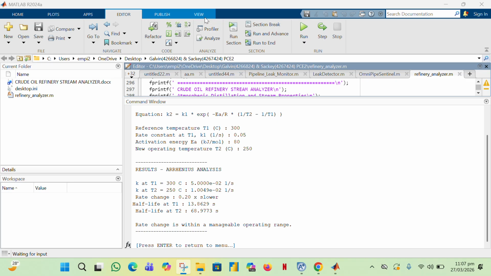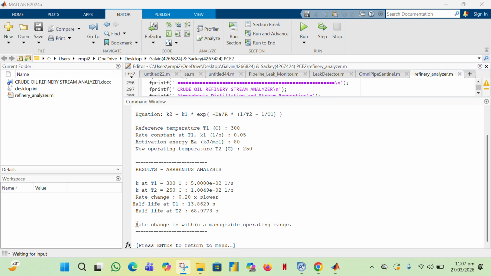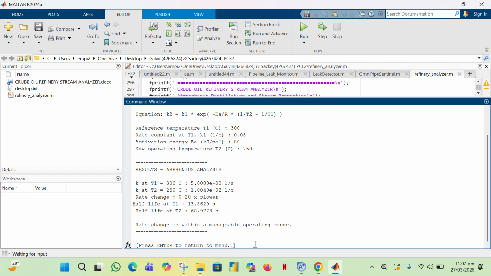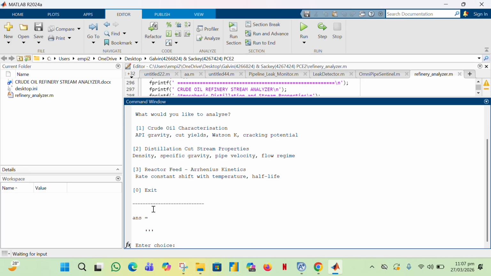It also gives us another feedback: rate change is within manageable operating range, meaning it's not dangerous for it to drop to that temperature, just that the reaction will become slower, but it won't become dangerous for the system. So we can go back, press enter, and it sends us back to the menu. So that's the 3 models that it performs.